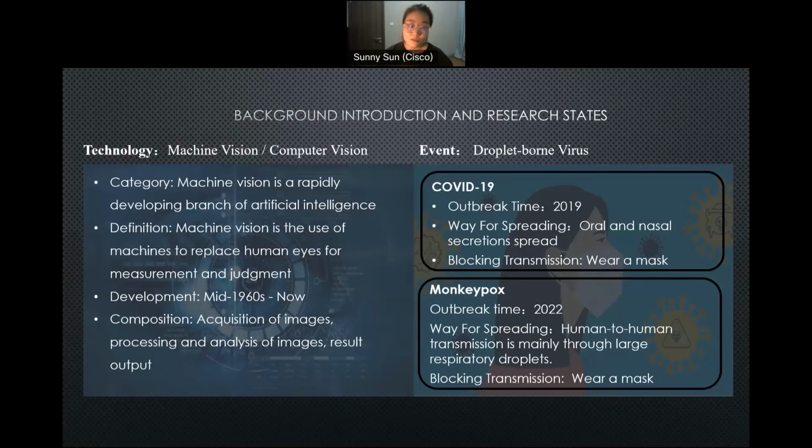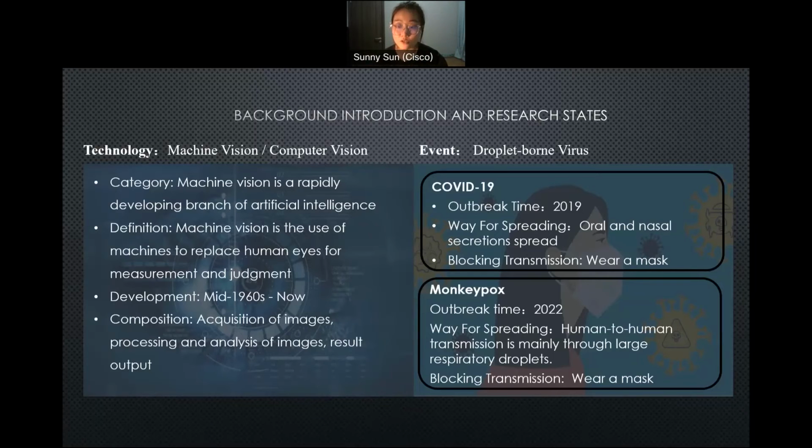For the most concerned issue, I think it is COVID-19 and monkeypox. In recent years, viruses such as COVID-19, influenza, and monkeypox have appeared in large numbers. Studies have shown that most human-to-human transmission of these viruses is through droplet transmission.